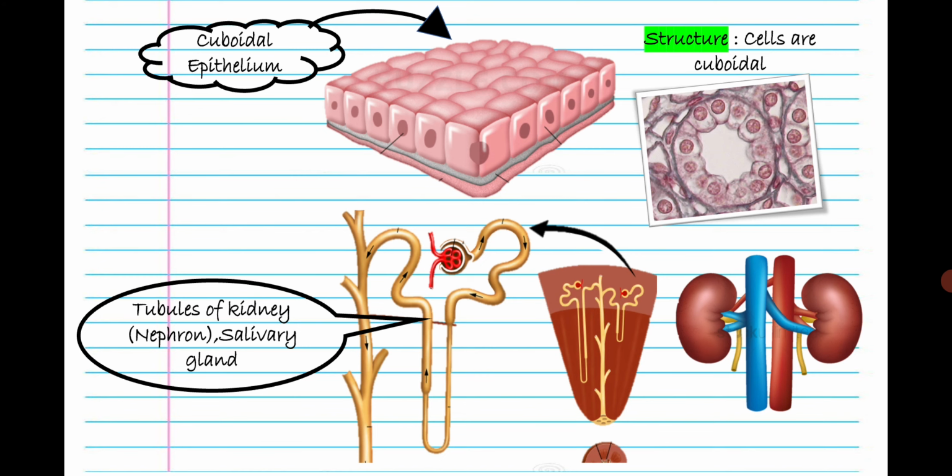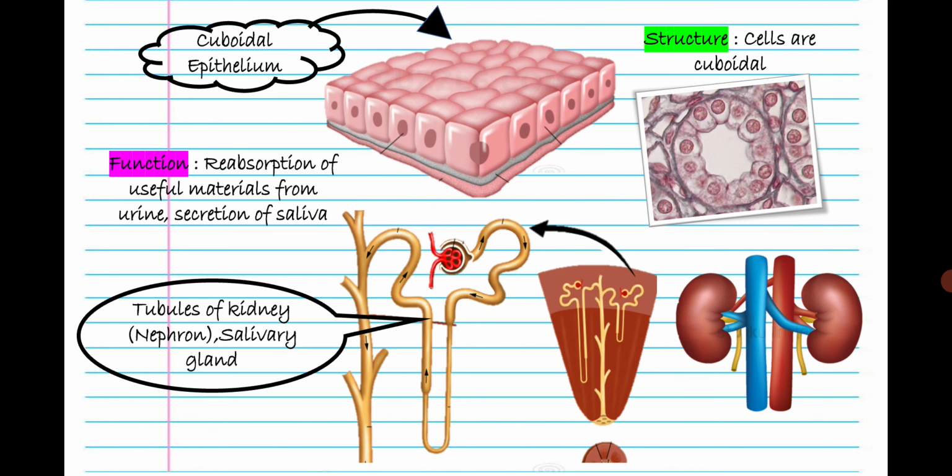The tubules of a kidney, or nephron, as well as the salivary gland, are made up of cuboidal epithelium tissue. The function of cuboidal epithelium tissue is reabsorption of useful material from urine, as well as secretion of saliva, as it is present in our salivary gland, which is in our mouth.